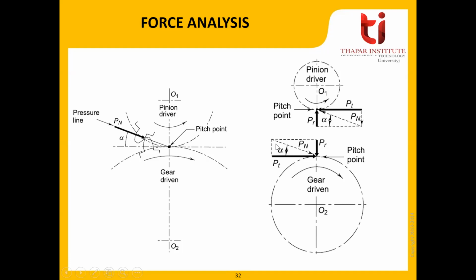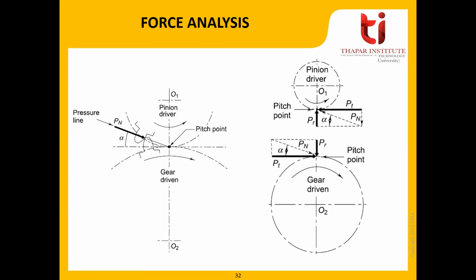So this is the force exerted by this driver on the driven along this line, Pn, and this angle is alpha. So Pn can be resolved into two components: one is the tangential component Pt and one is the radial component Pr. You can say this Pt will participate in the power transmission.